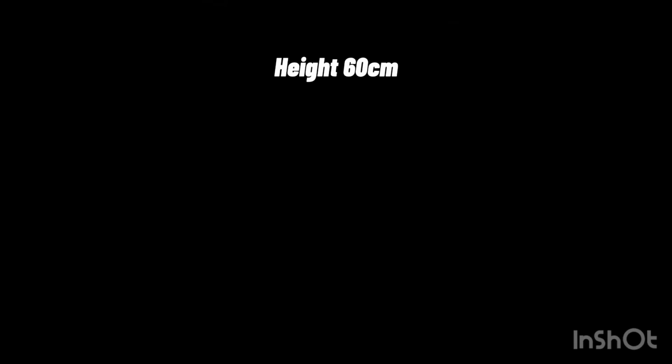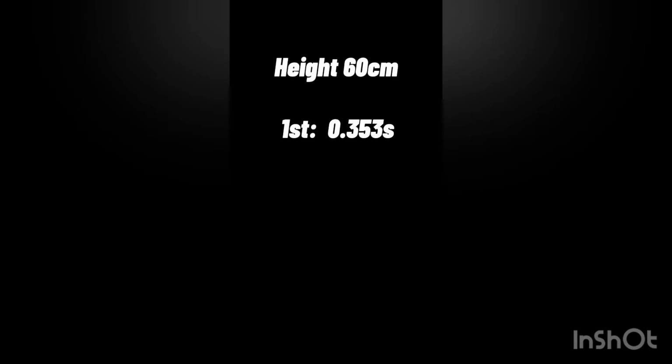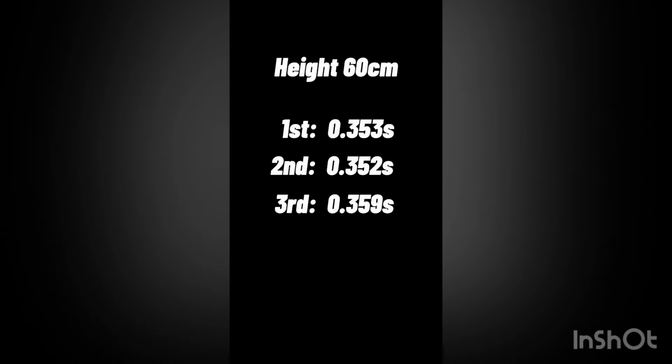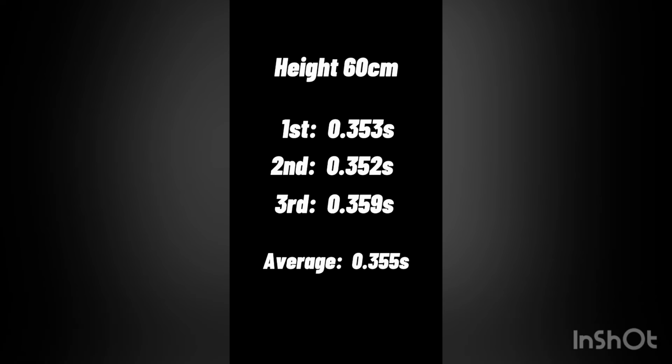So for 60 centimeter height, the first drop I got 0.353 seconds, second drop I got 0.352 seconds, and third drop I got 0.359 seconds. I will calculate the average of these three readings and I got 0.355 seconds. So this is our reading for 60 centimeter height.